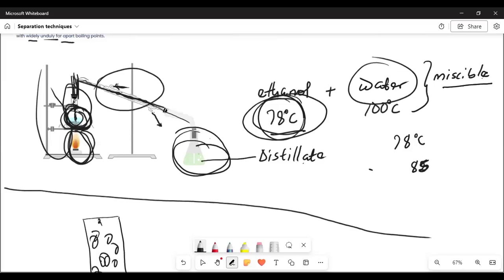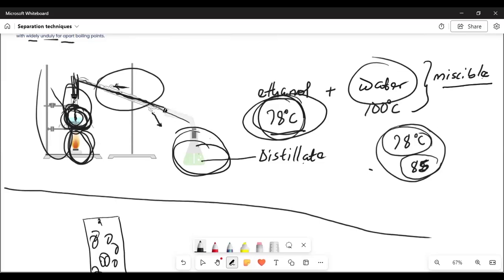As it goes into the fractionating column, the temperature there is lower than the temperature of the container. Because these liquids have boiling points that are close, as this one at 78 degrees boils, it could be that a little of the other will also boil and go into the fractionating column.